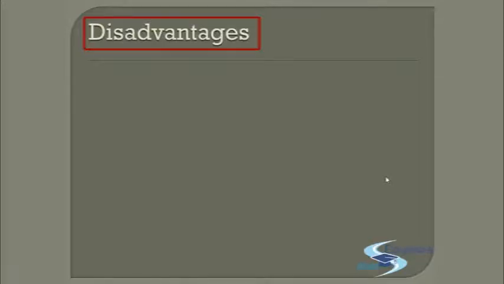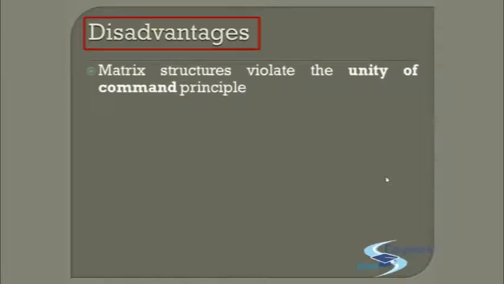In a matrix, each employee reports to at least 2 or more managers. In other words, we can say that the matrix organization violates the unity of command principle that is often prevalent in traditional organizations.